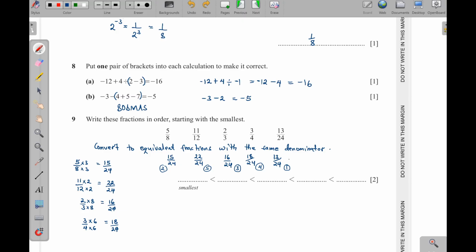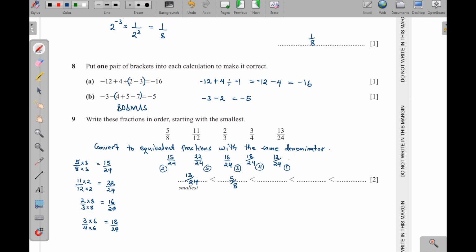So the first one is 13 out of 24, okay? Then the second one is 15 out of 24, but it corresponds to 5 out of 8.